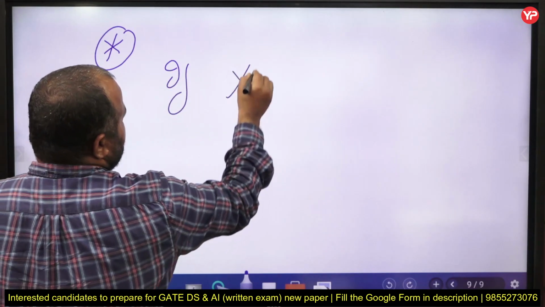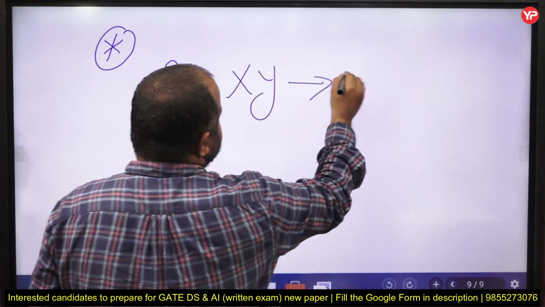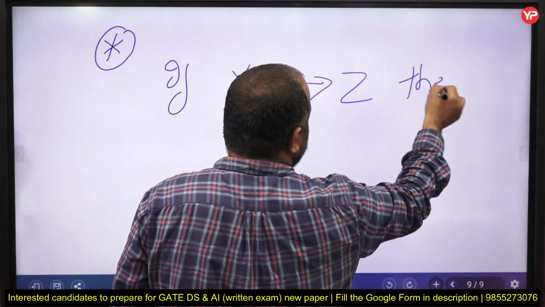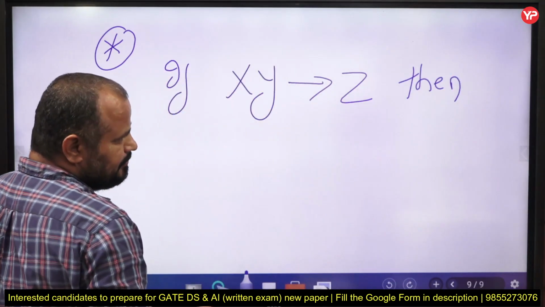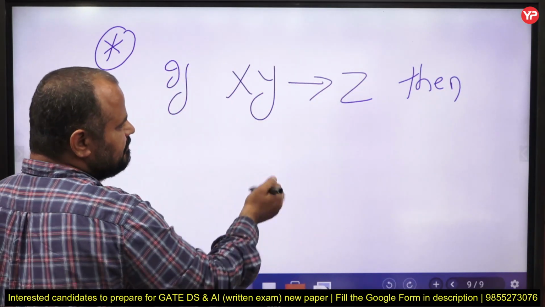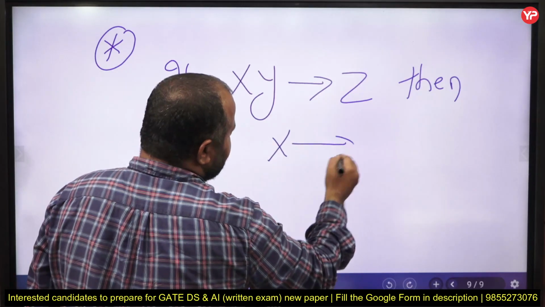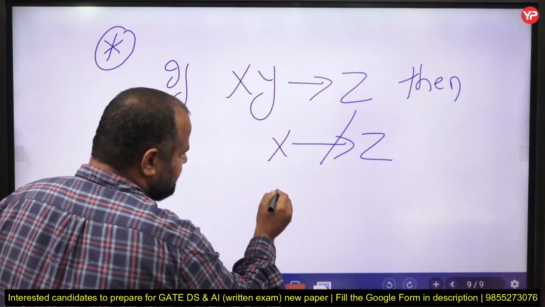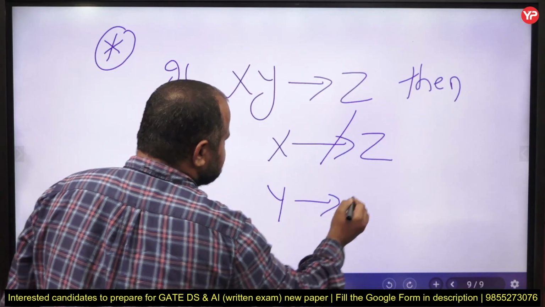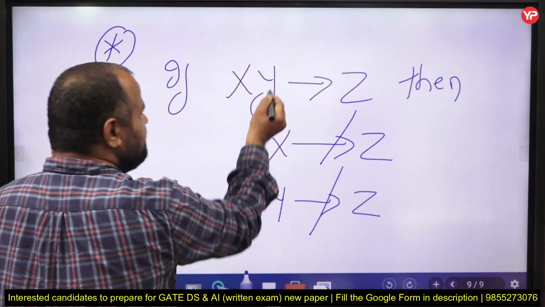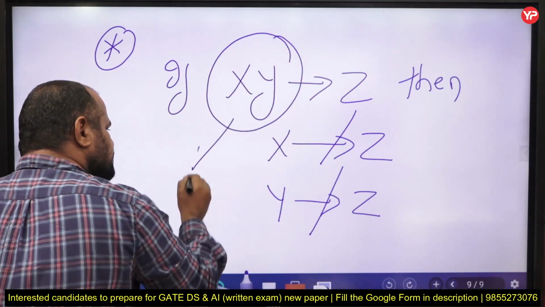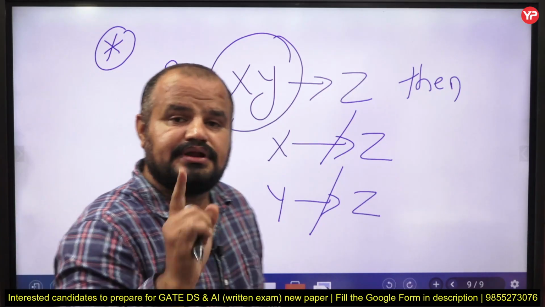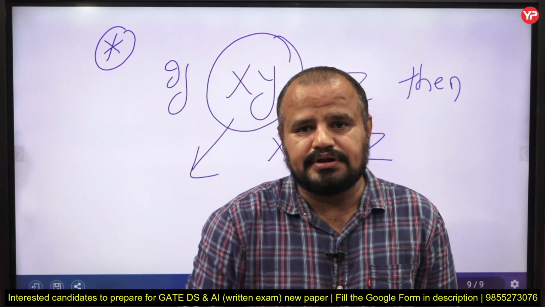If XY determines z, you can make a table and then you can make a counter example for this one. Then x determines z uniquely, we can't say. Y determines z uniquely, we can't say. It means left hand side splitting is not possible, but right hand side splitting is possible.